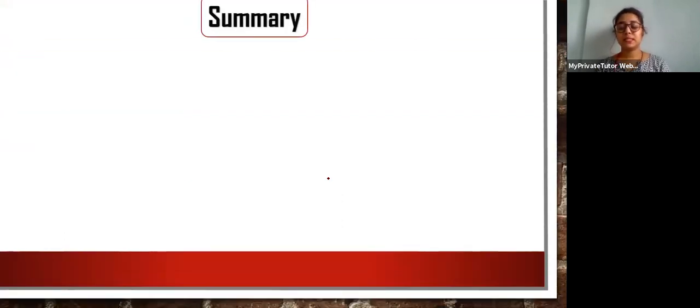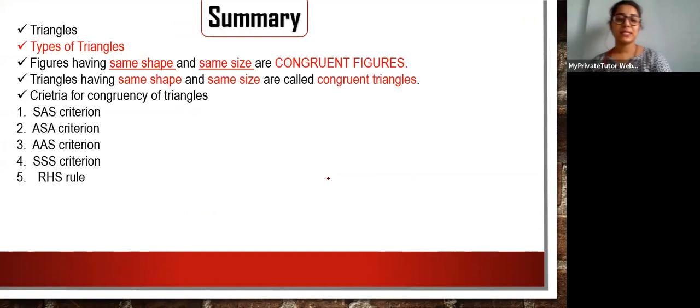So we are almost done with the whole part of the session for today. Let's have a quick summary of whatever we have learned today, and then that will be the end of the session. We learned about triangles. Triangles are figures which have 3 angles and 3 sides.